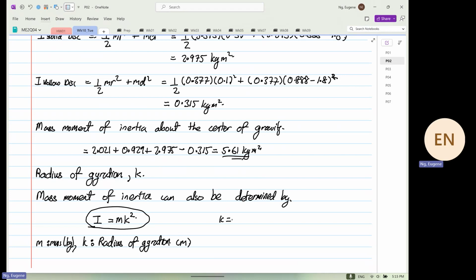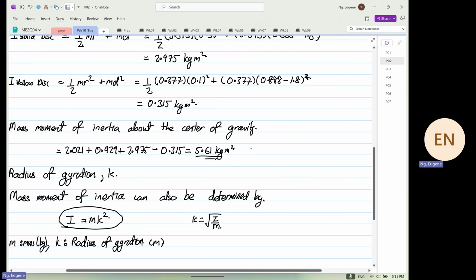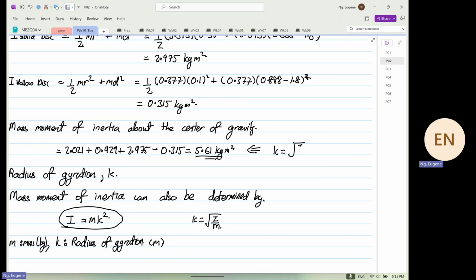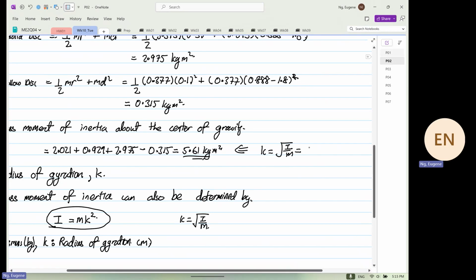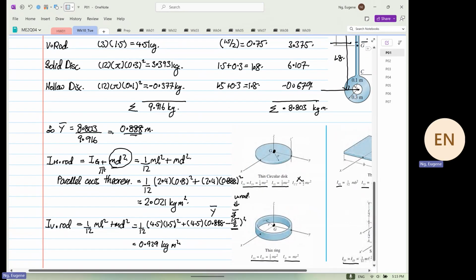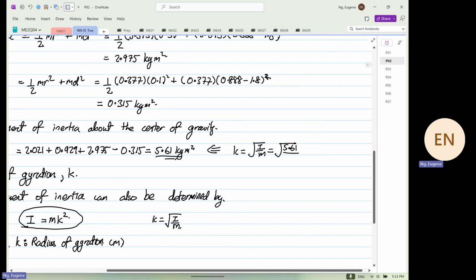And K can be represented by square root of I over M. So like what we have determined over here, the radius of gyration K is equal to the square root of I over M. So I is equal to 5.61, and our total mass, which we have calculated earlier, is 9.916.